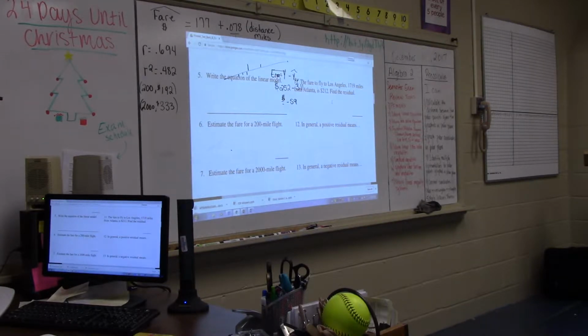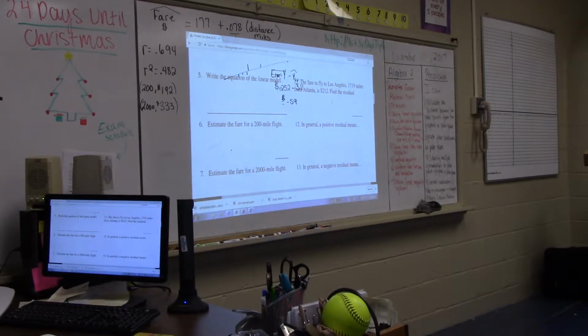The year that it was on there, a lot of people said the data looks pretty linear and the R value is okay, it's strong or moderate, but when you looked at the graph of the residuals, there was a parabola sitting there. So you have to check that to make sure whether or not it's actually linear.